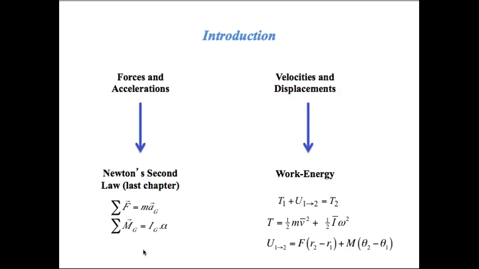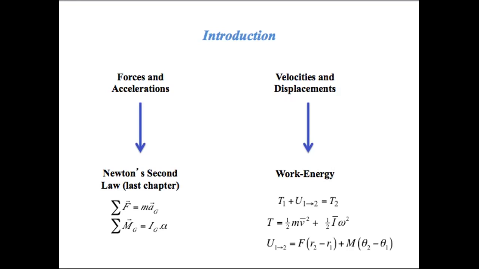Also, in general plane motion, we have rotation. This rotation makes a moment about any arbitrary point in the rigid body. So the resultant moment about the center of gravity equals the mass moment of inertia times alpha, the angular acceleration.